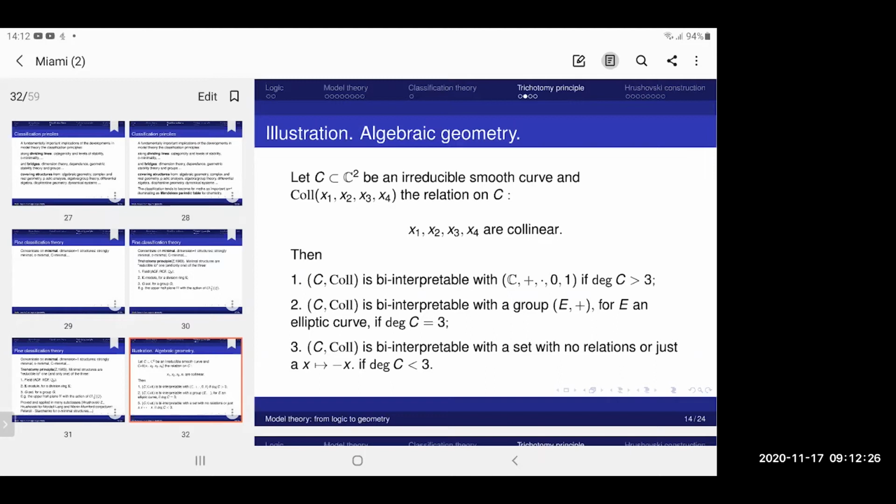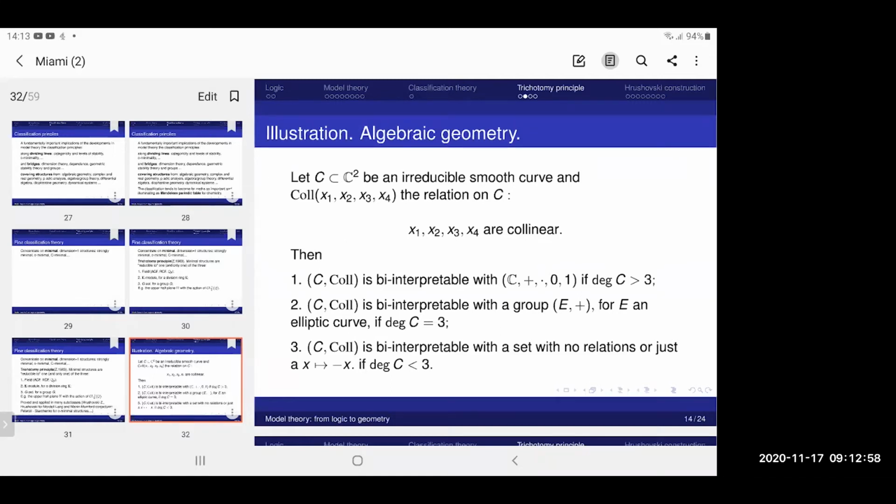We only see it as a set, but the way that it sits inside this affine plane, we can also say about several points on the curve that they are collinear or not. So this is the only relation in our language that we actually see.